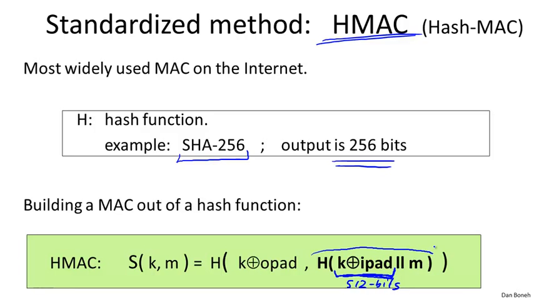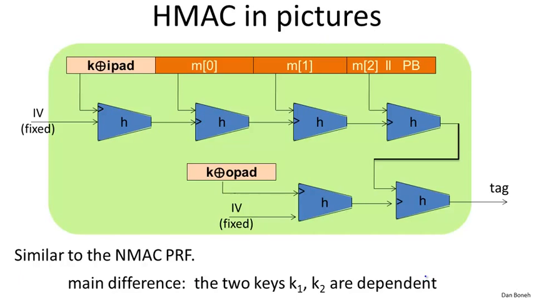However, what HMAC does in addition, it takes the output, which is 256 bits, and prepends to that the key again, XORed with what's called the outer pad, the O-pad. This also becomes 512 bits. It's one block. And then it hashes the combination of these two to finally obtain the resulting tag on the message m. Rather than looking at this in symbols, it's more instructive to look at HMAC in pictures.